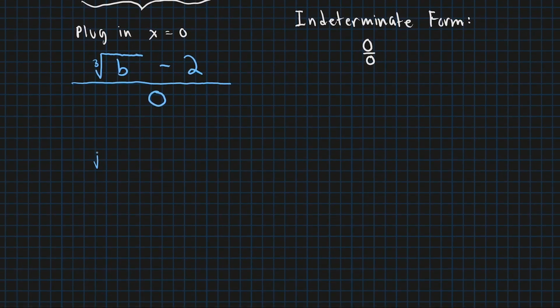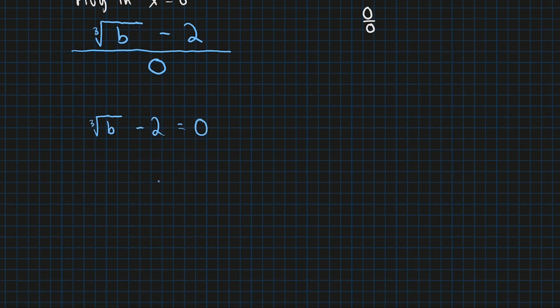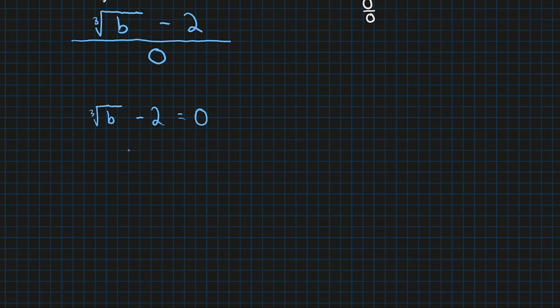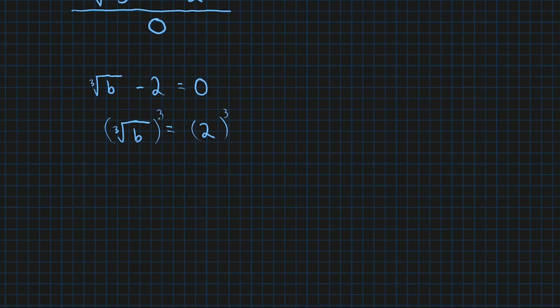We can say that the cube root of b minus 2 is equal to 0 to solve for b. If we add 2 to both sides, we get that the cube root of b is equal to 2. And we just cube both sides. The cube root of b cubed is b, and 2 cubed is 8.